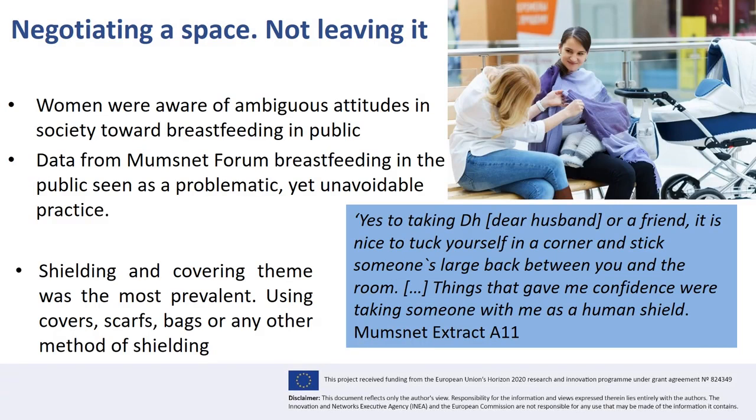Another finding that emerged from data was that women do not want to leave the space. They do not want to navigate their mobility behavior, so they avoid breastfeeding in the public. They see that breastfeeding can be problematic, and public holds ambiguous attitudes, but we cannot avoid it.